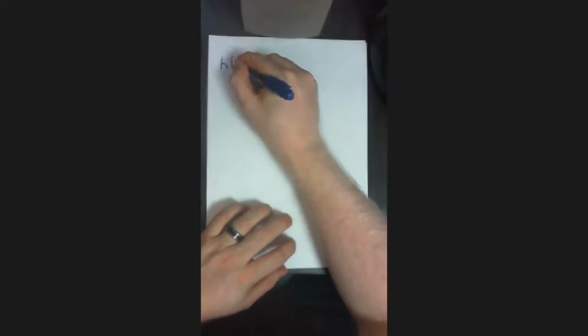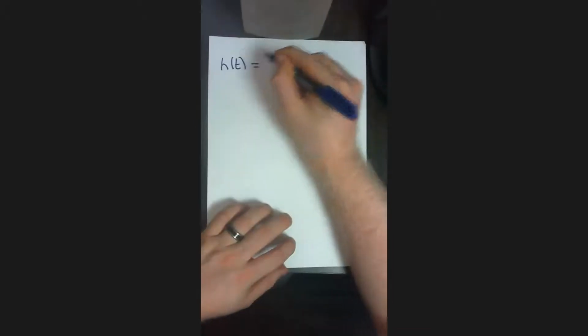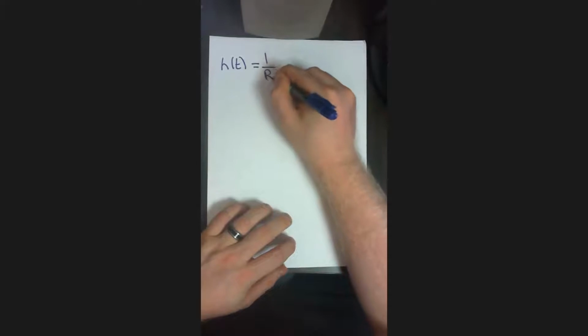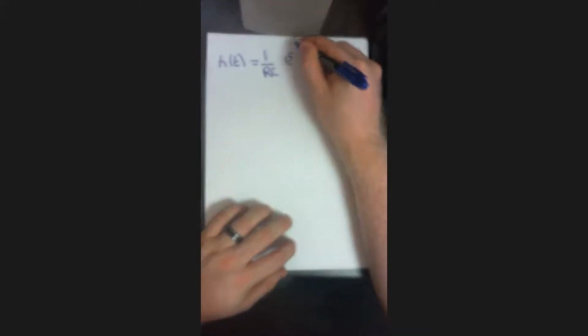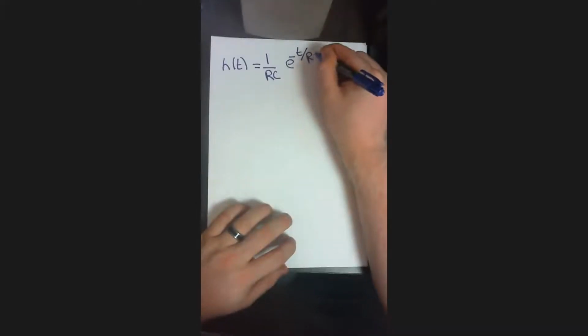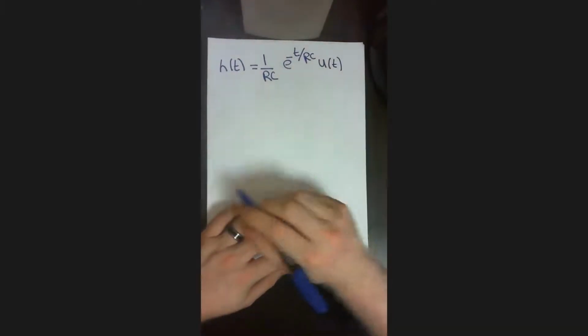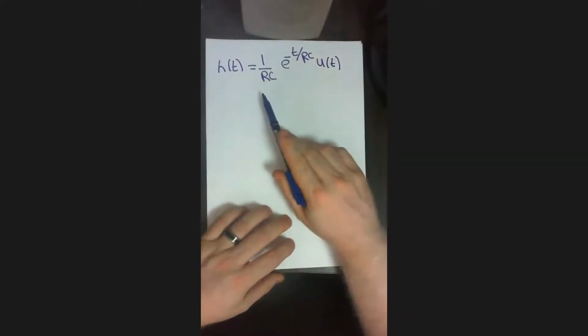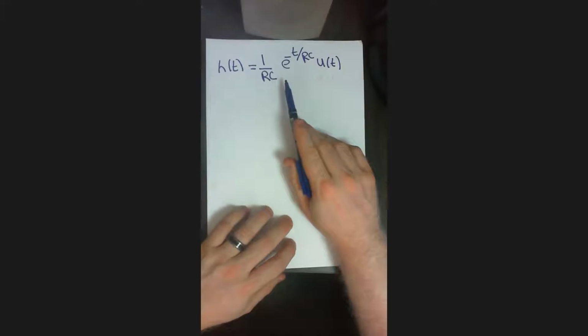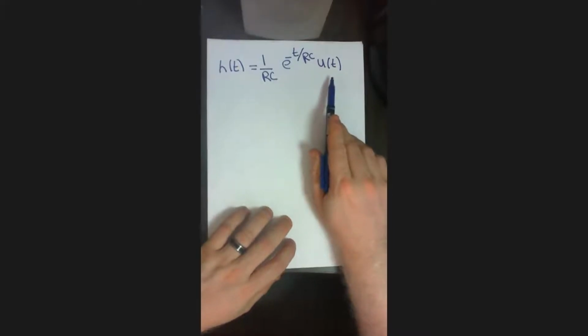Let's start with the time response of the system, h of t, which is given as 1 over RC e power minus t over RC times u of t. As you can see, it's a negatively decaying exponential times a step function.